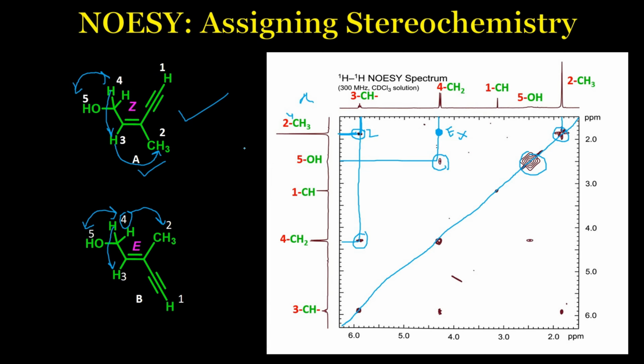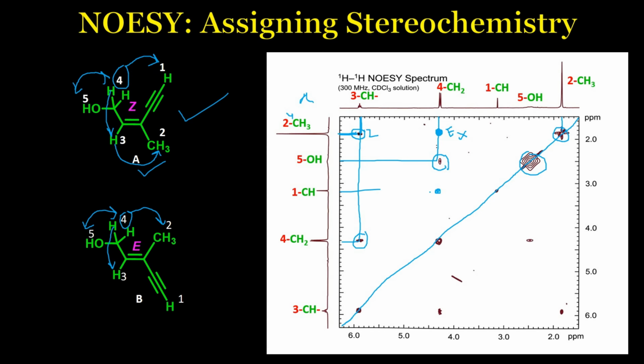Now we have understood that this molecule has Z stereochemistry, but the story didn't end here, because I was also expecting that this fourth proton is in close proximity to the 1, right? But it is not showing any cross peak here.